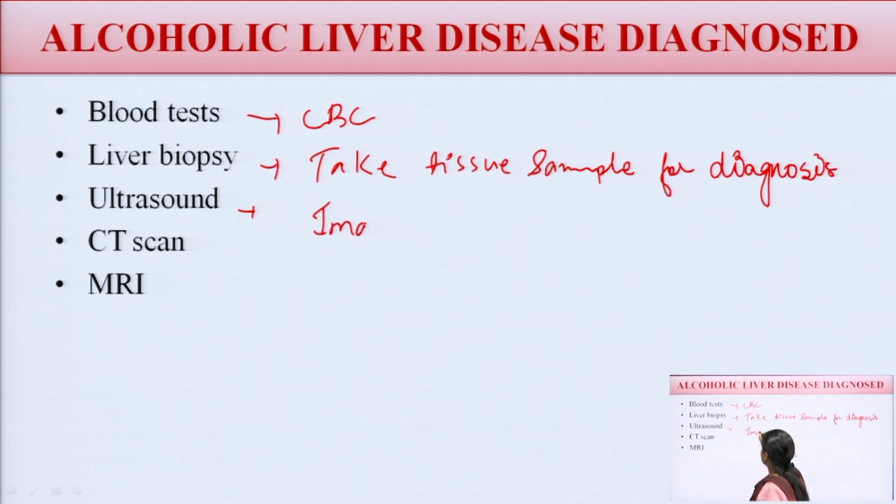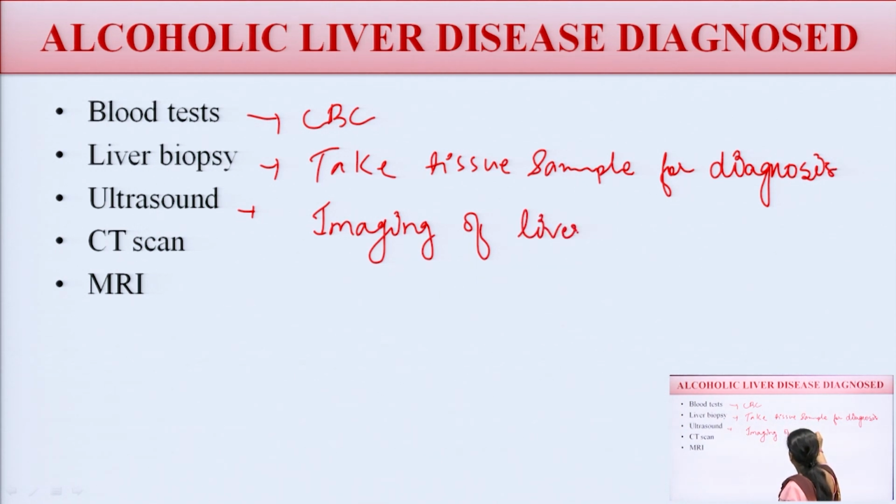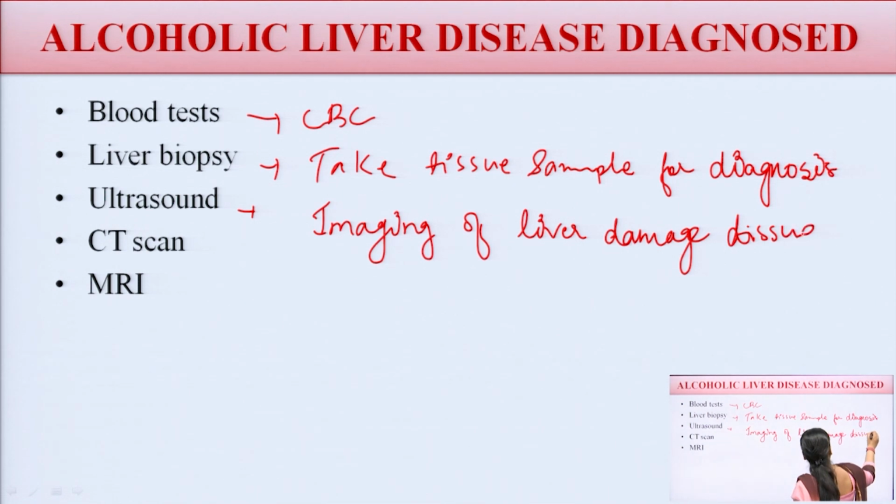Imaging of the liver and damaged tissue, right. CT scan, again the same thing. In the MRI, again they are imaging.